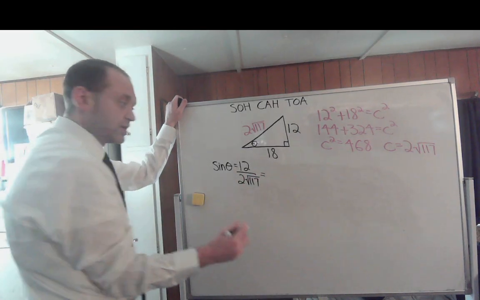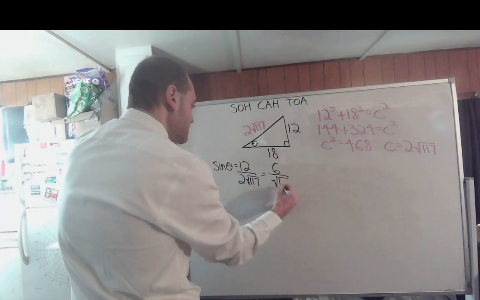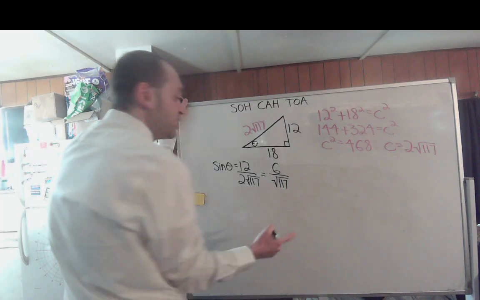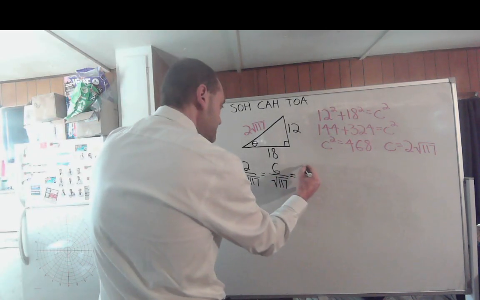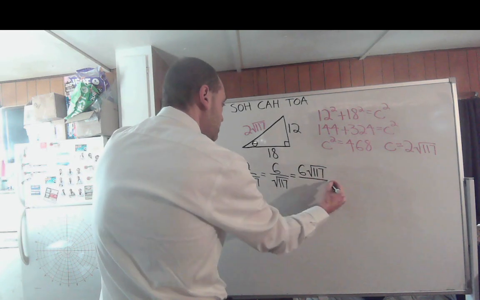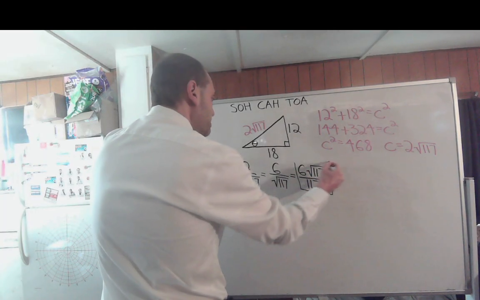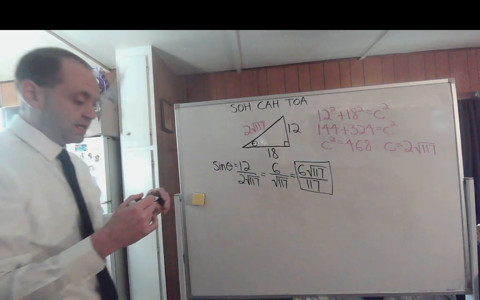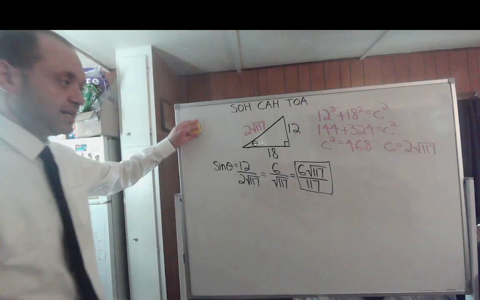Which would initially reduce into 6 divided by the square root of 117. Then if you rationalize this, which you absolutely should, you'll end up getting 6 times the square root of 117 over 117. So your sine's a little bit messy, but the sine ends up being 6 times the square root of 117 over 117.